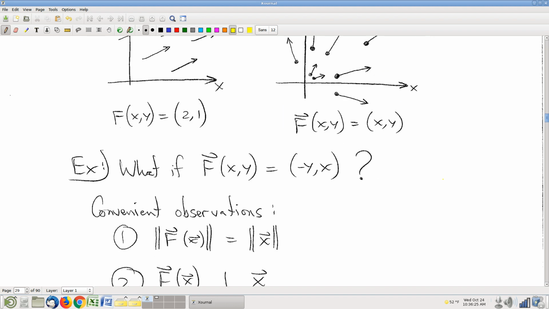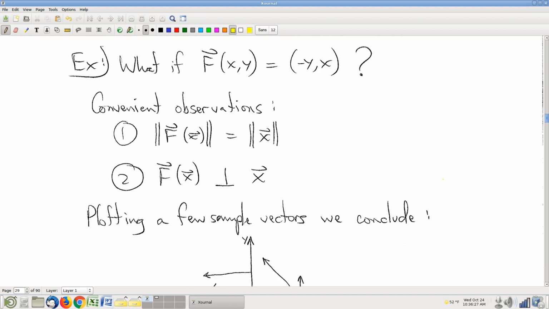Okay, here's one. What does this one look like? F of x, y equals negative y, x. So here the position vector and the field vector are not the same, but they do have something in common. They have the same magnitude. They're always perpendicular to each other. The field vector is always perpendicular to the position vector.